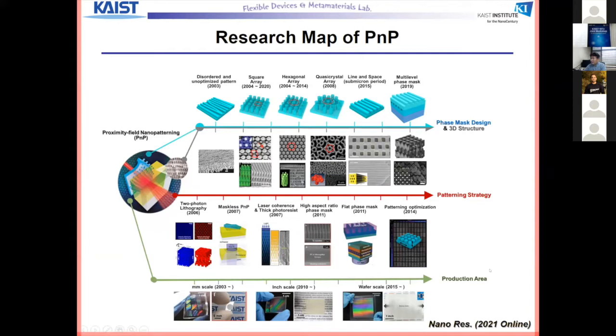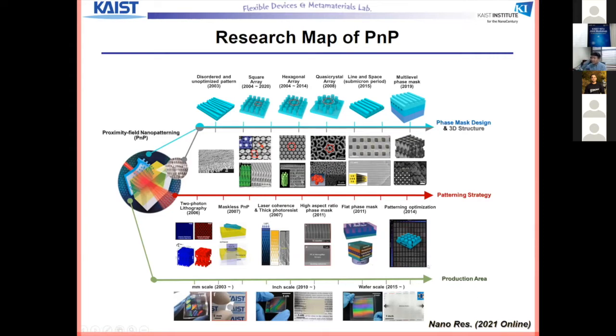In terms of production area, as I just mentioned, if this is to be a platform technology, then we must be able to make 3D patterning in large area and larger volume. This summary of our group's work and the general optics explanation was published in the Nano Research journal.